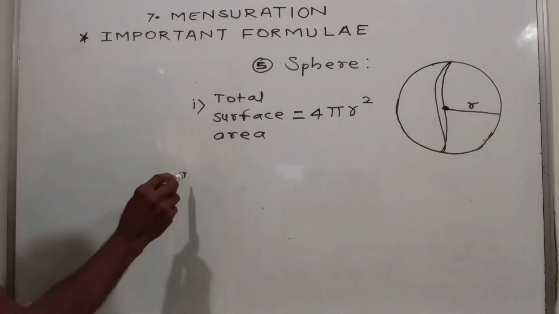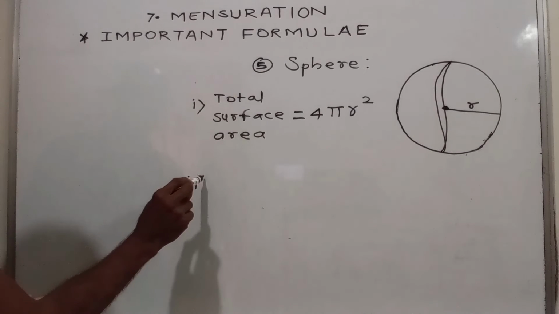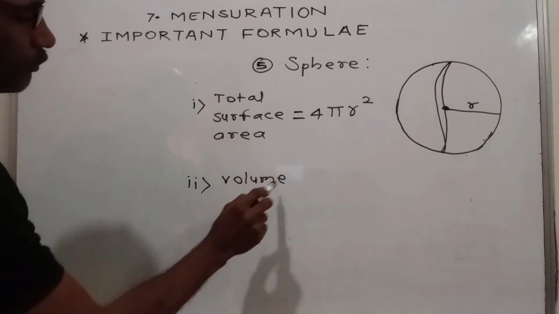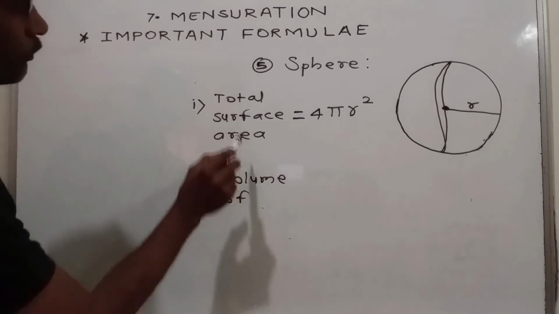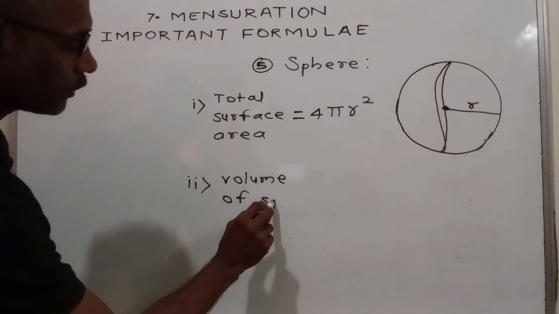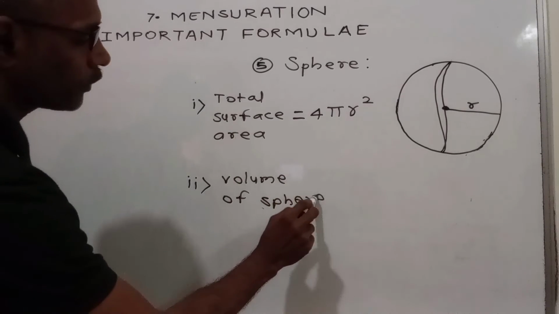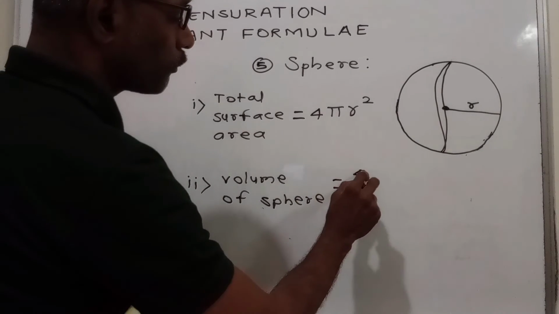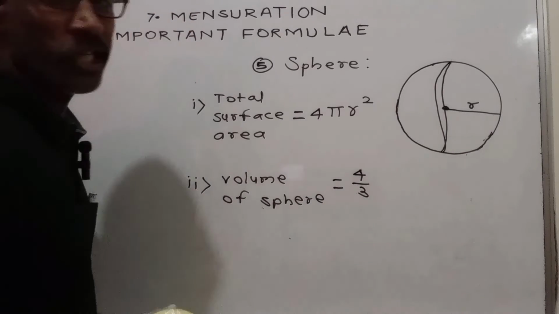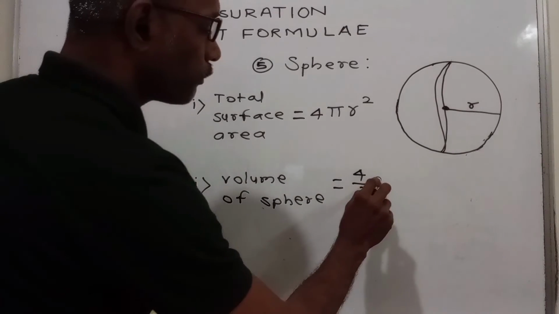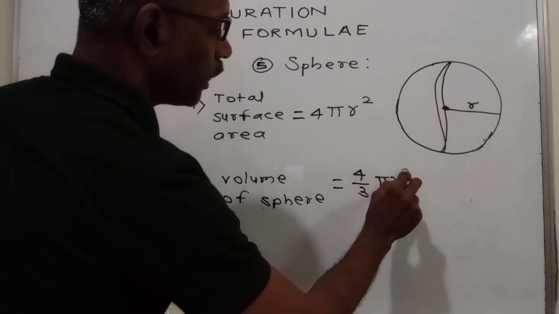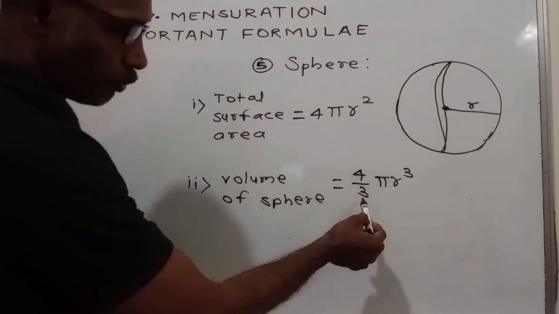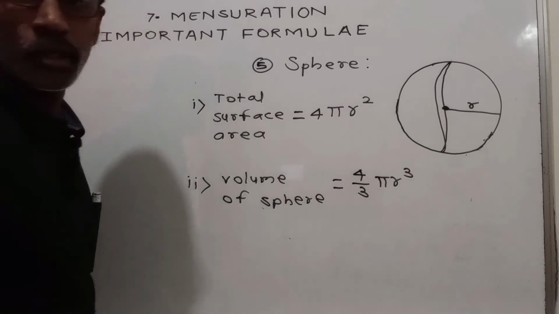Okay, then second, volume of sphere. Volume of sphere is equal to 4 upon 3 times pi r cube. 4 upon 3 pi r cube.